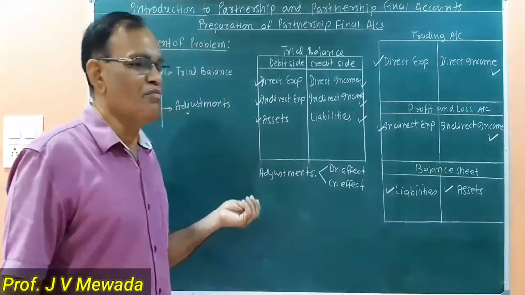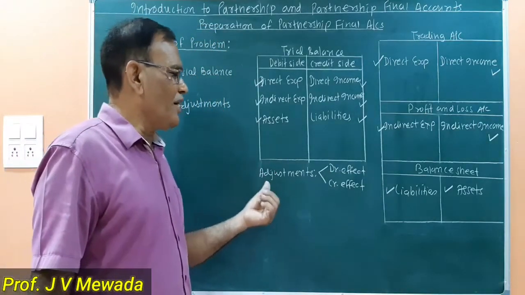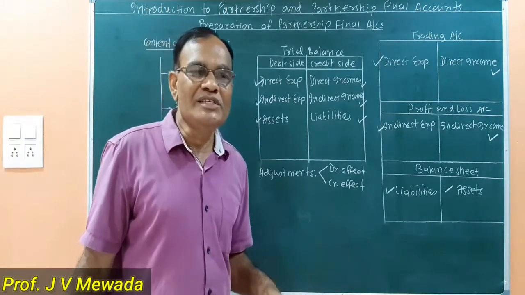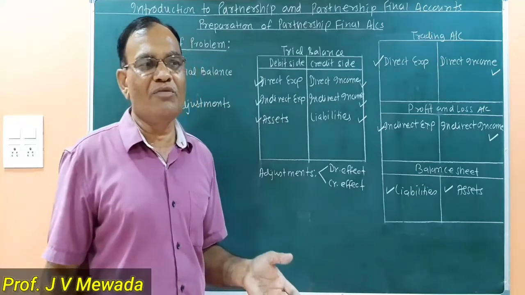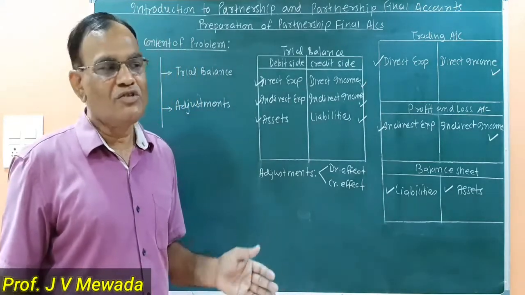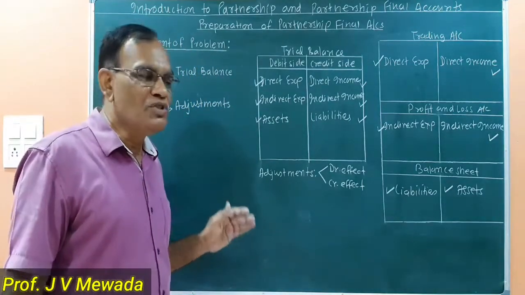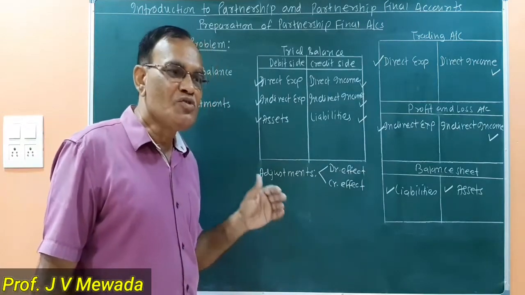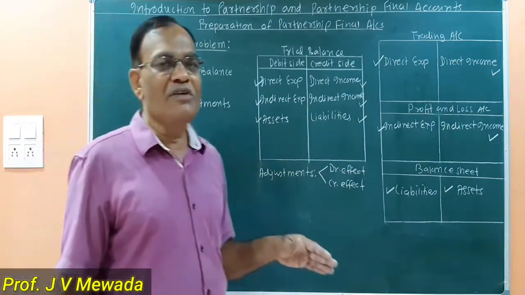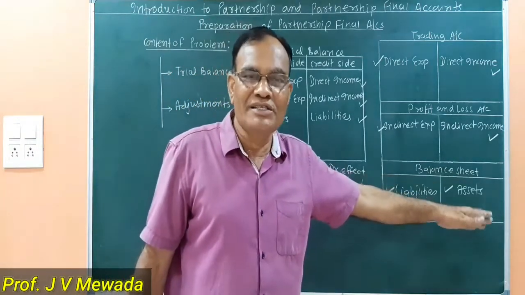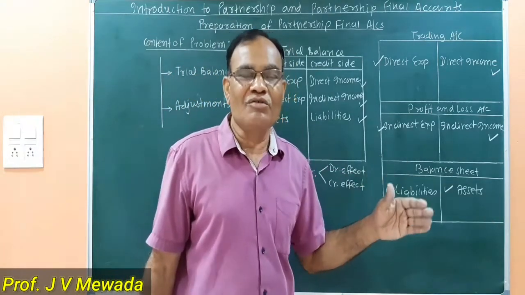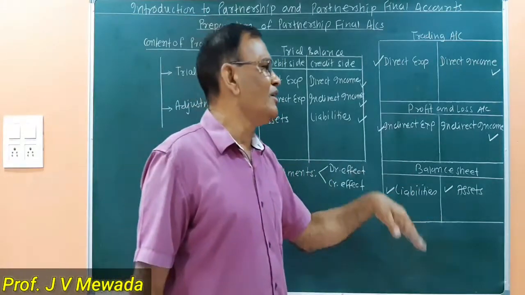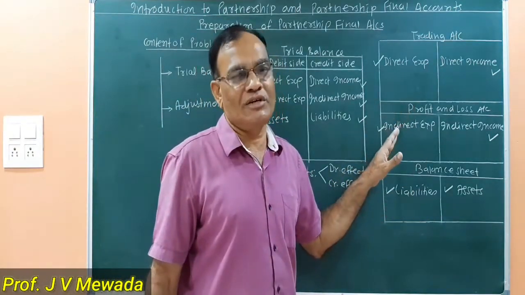I will give you an example of adjustment. Say for example, depreciation. Now depreciation is a non-cash expense, so we have not provided it during the year. So at the end of the year, we have to charge the depreciation, and it should be given by way of adjustments, so that we can reduce the value of the asset from the balance sheet, and whatever loss, whatever wear and tear takes place to the asset, that is recorded on the debit side of profit and loss account.